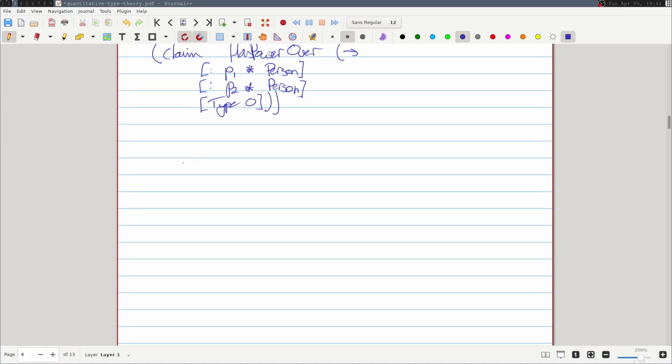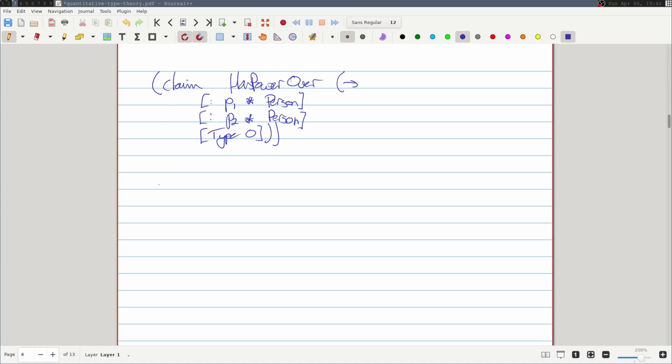So how would I try to write this? I would write this as has power over is of type P1 person, P2 person, where this is not a type explicitly.